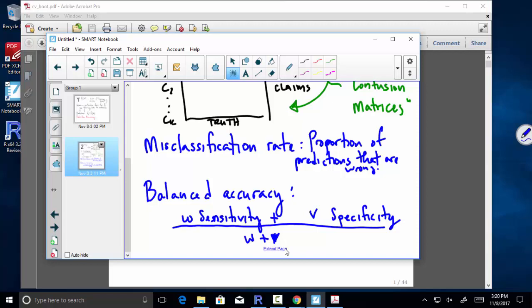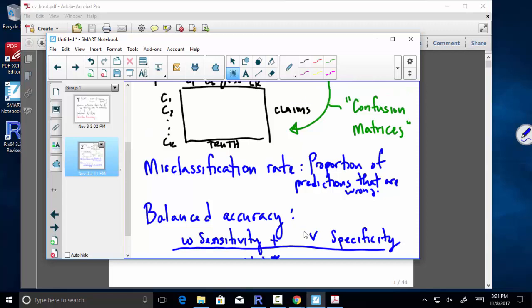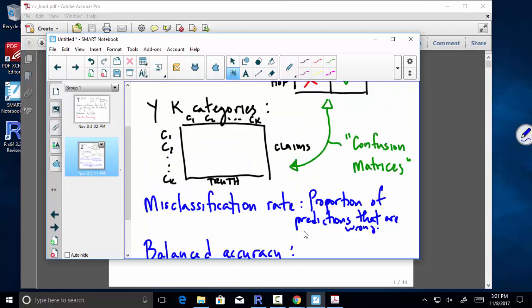So in order to force our model to do decently on those players who are not in the Hall of Fame, we upweight the specificity. So all of this is in the context of assessing the accuracy of a predictive model.